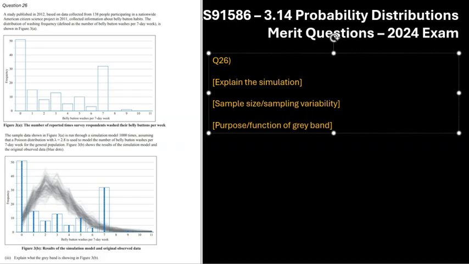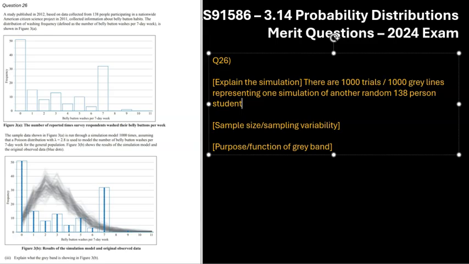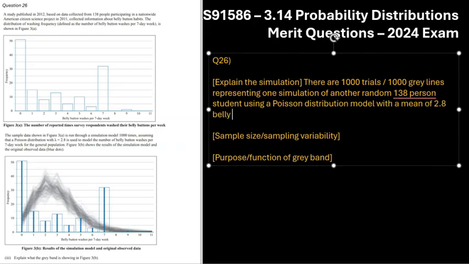So I suppose the first thing to note is explain the simulation. So basically, there are 1,000 trials, 1,000 grey lines, each representing one simulation of another random 138 person study using a percent distribution model with a mean of 2.8 belly button washes per week.